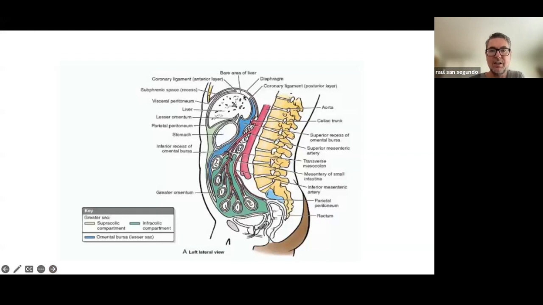Here we've got the diaphragm, we've got the arcuate medial ligament that covers the aorta and the thoracic duct. Not only this one, we've got some coronary ligaments of the liver. That's why the liver connects to the diaphragm, the coronary ligaments and the triangular ligaments over here, all covered by the peritoneum.